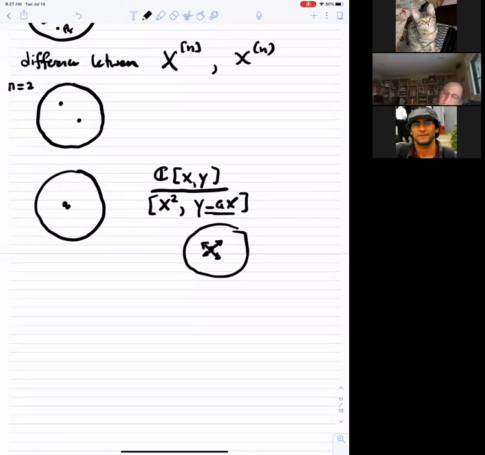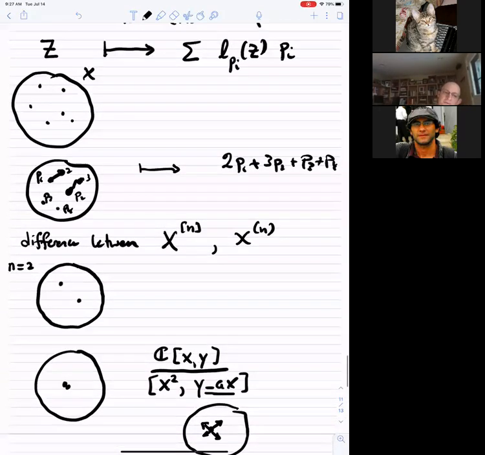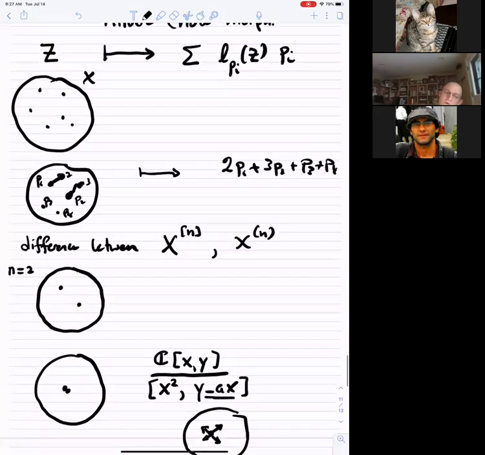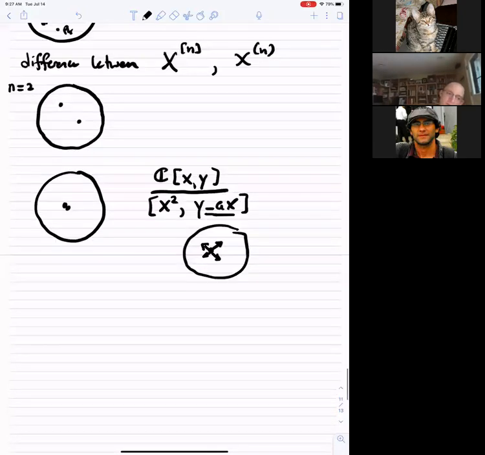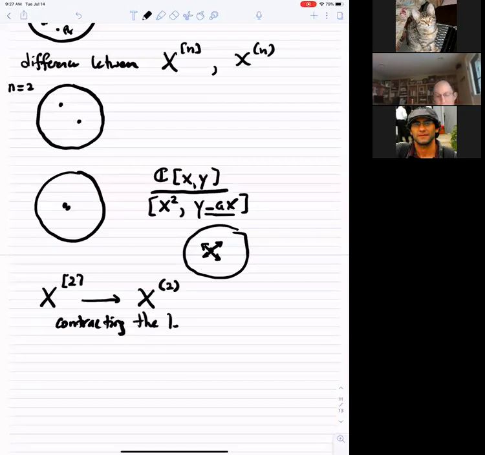There is a one parameter family of double points supported at the origin. So if you look at this Hilbert-Chow morphism, from X^[2] to X^(2), then it actually is contracting the locus of non-reduced schemes.